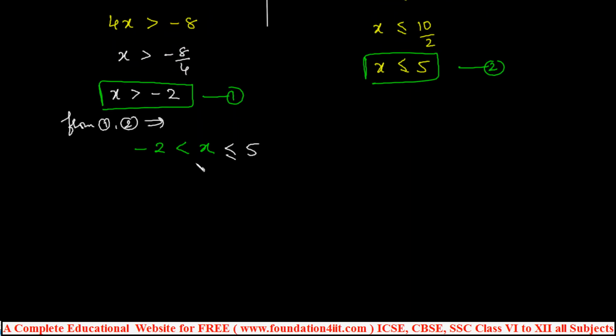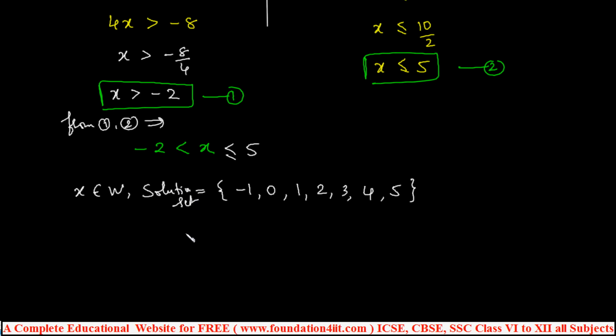Since x belongs to the whole numbers, the solution set should not consider minus 2, only whole numbers: minus 1, 0, 1, 2, 3, 4 and 5 also. This is the solution set.